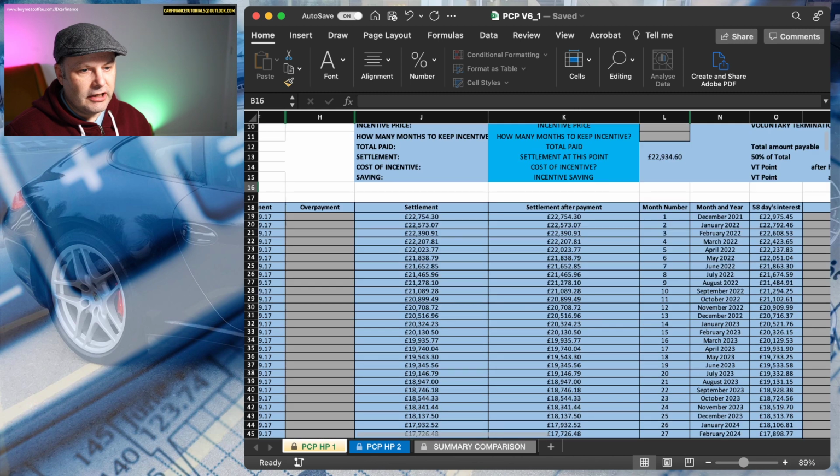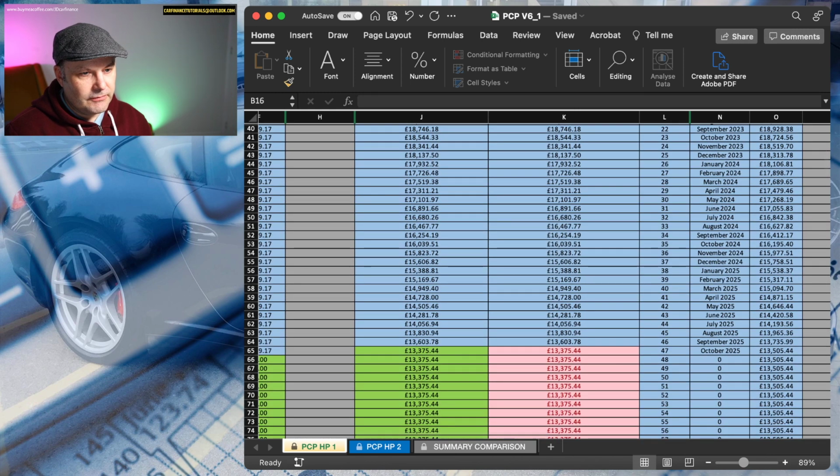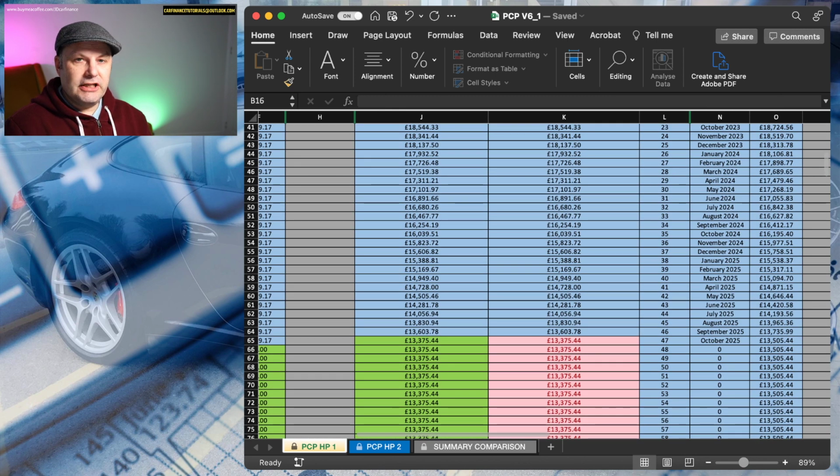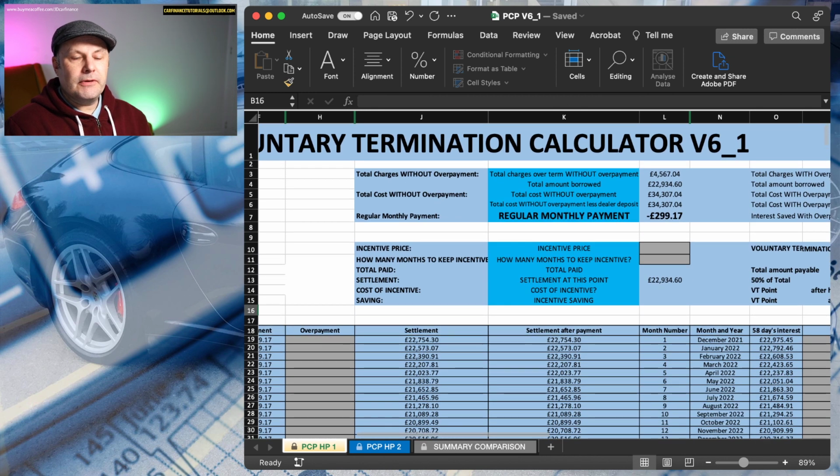So 299, but at the end of month 47, look, we still owe the 13 grand. But we've paid interest on that 13 grand every month because we've never paid it off. So the interest payable is massive, look, 4,500 quid, but we still owe £13,500 at the end.